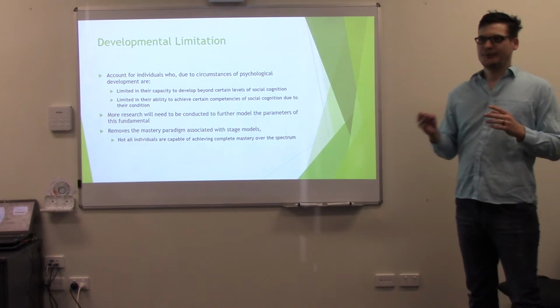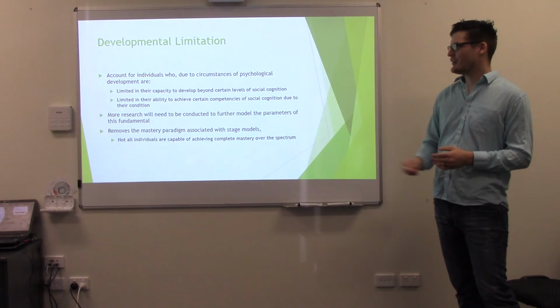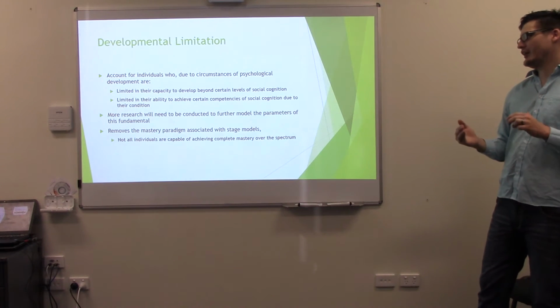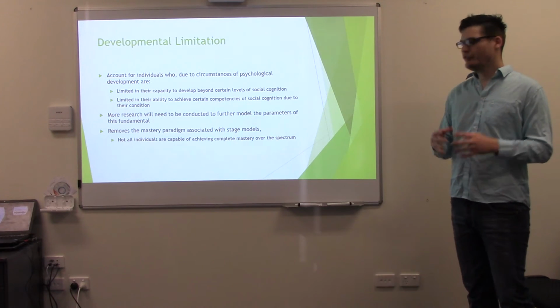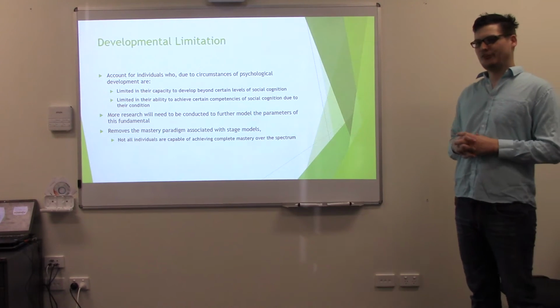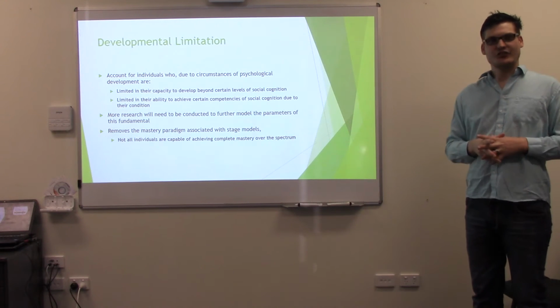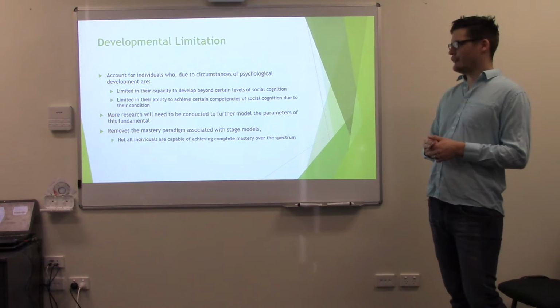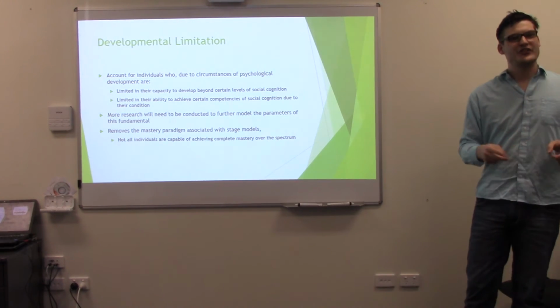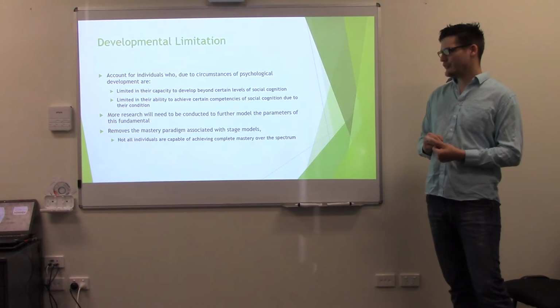One of the things that we have to do is conduct a bit more research to understand exactly what different conditions impact on the model to define the parameters of this fundamental, because every condition is different. And what this basically does is it removes what's referred to as the mastery paradigm associated with stage models.